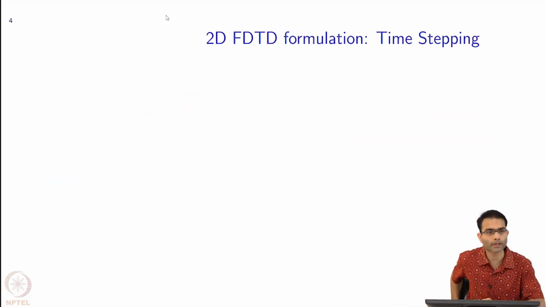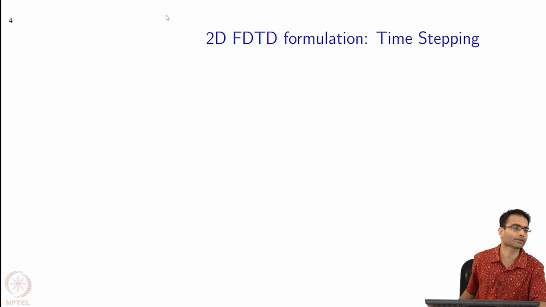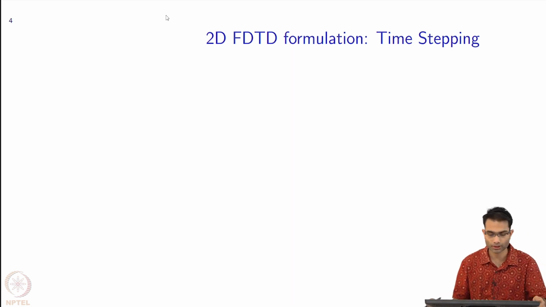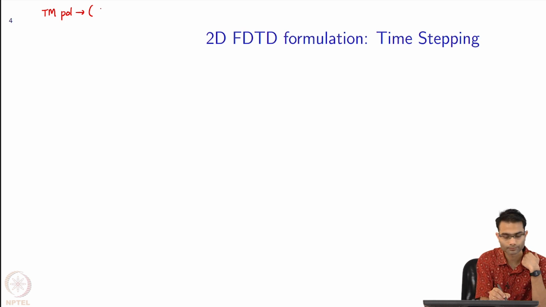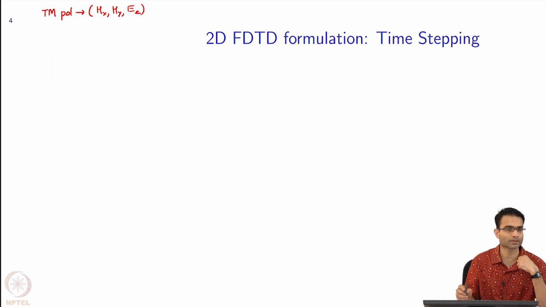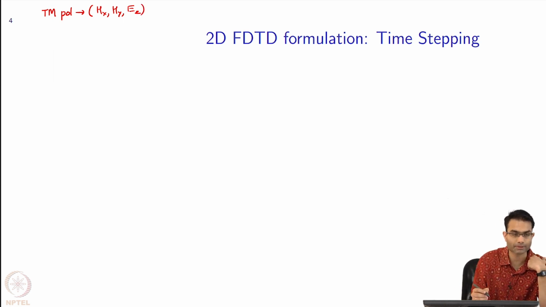Before we move to time stepping, I thought just for sake of completeness, I will also show you the stencil for TM polarization. So far we spoke about TE polarization. So for the TM polarization, right, what were the variables in TM? Hx, Hy, Ez. These are the three variables that I have to think about, right? Previously we were doing TE polarization.